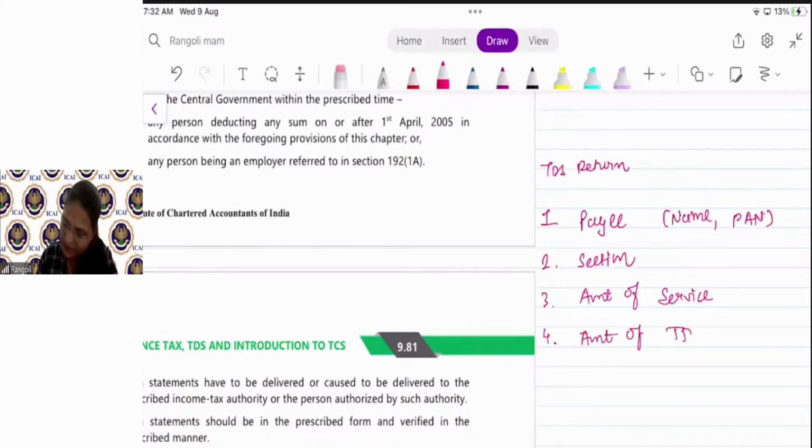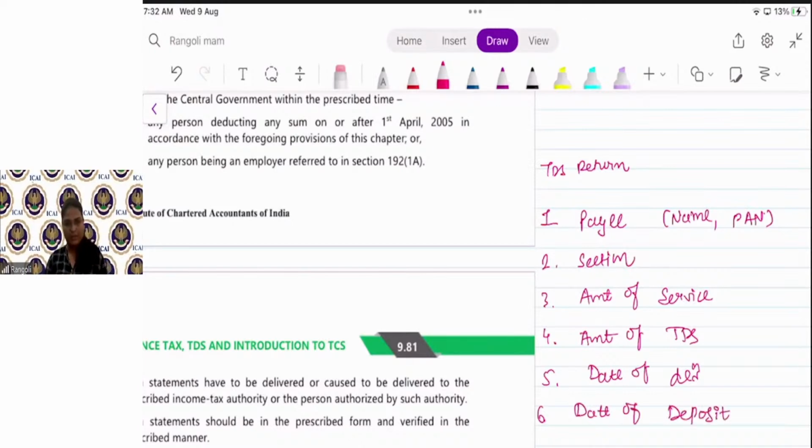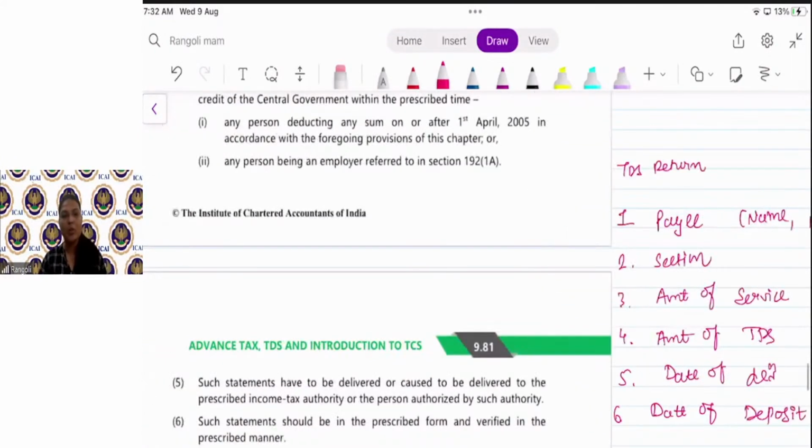The date of deduction of that TDS and the date of deposit of TDS to the government. Clear? This TDS return needs to be filed quarterly.